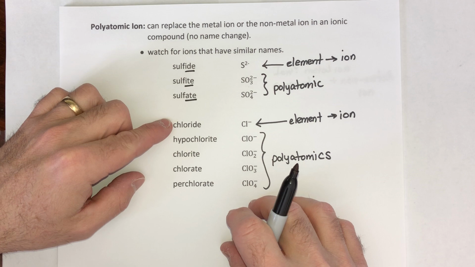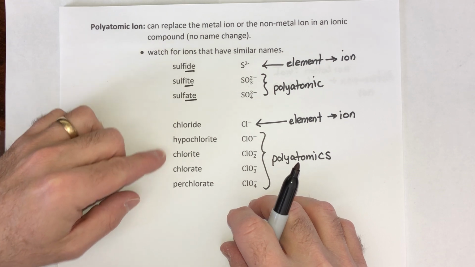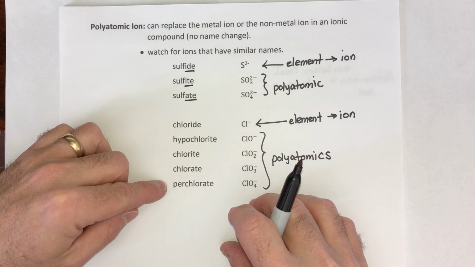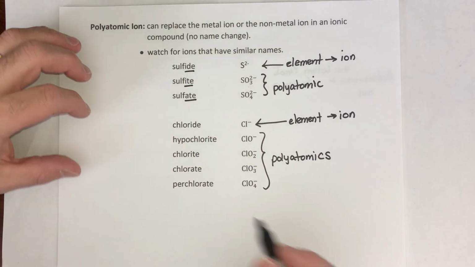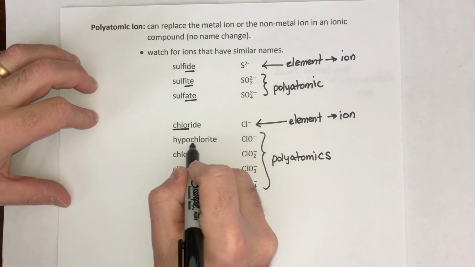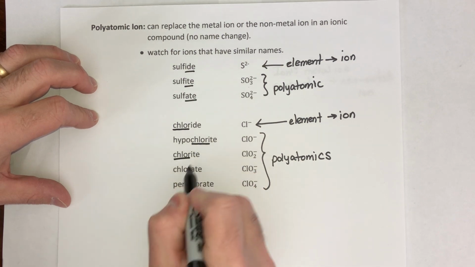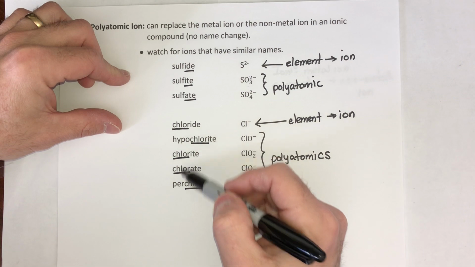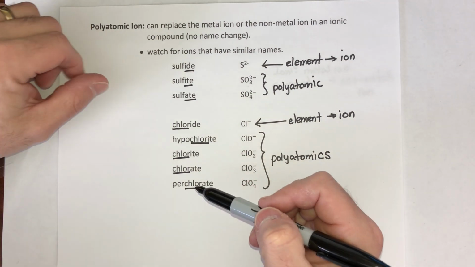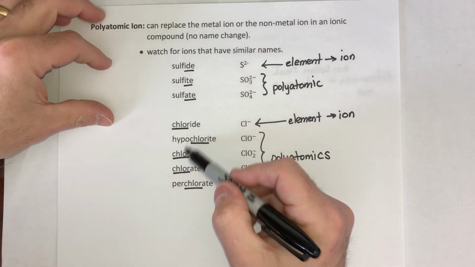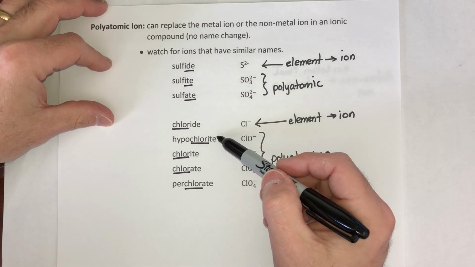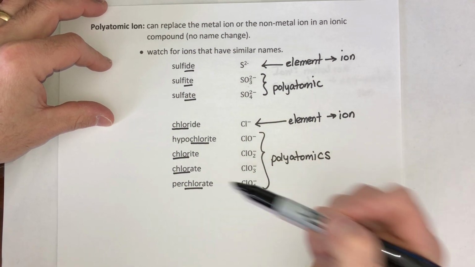I've got chloride, hypochlorite, chlorite, chlorate, and perchlorate. Now, they all still have the same root word, right? They all have chlor in the middle. So chlor, chlor, chlor, chlor. Some of them do have some extra prefixes, a little bit more in the beginning, hypo versus per. And the endings are different. Ide, ite, ate, and ate.